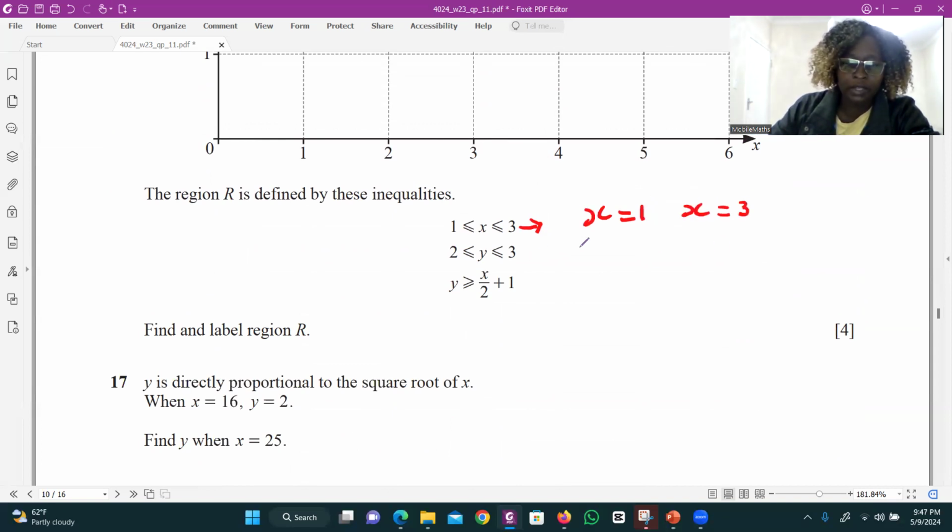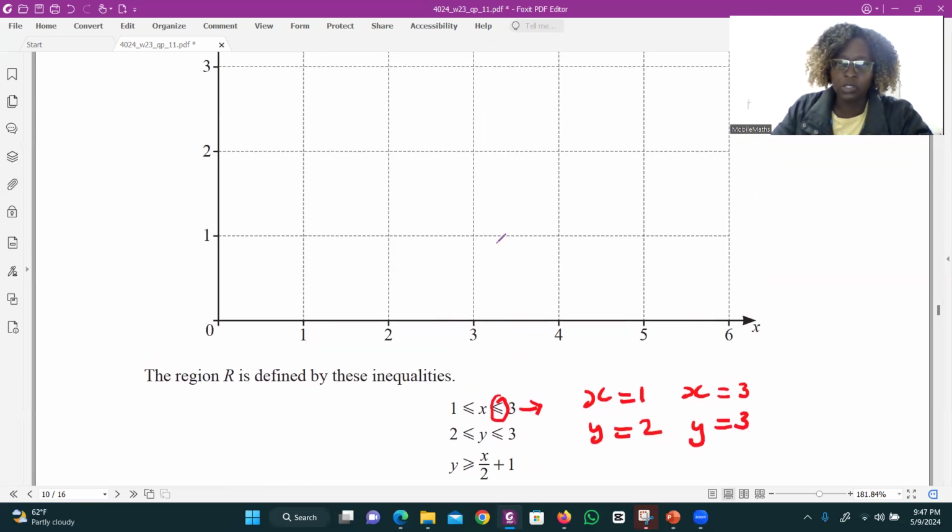From this one, I can draw the line of y is equal to 2 and y is equal to 3. Okay, like that. And they are going to be solid lines because of these signs here. Okay. Then for the last one, let me just draw those first ones.